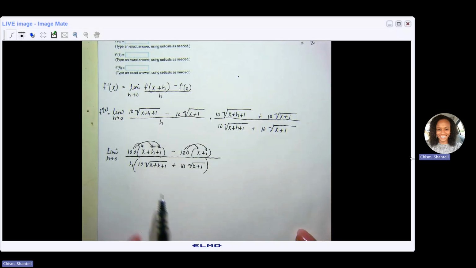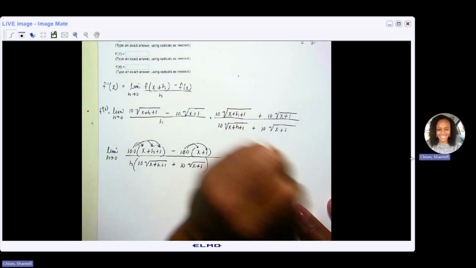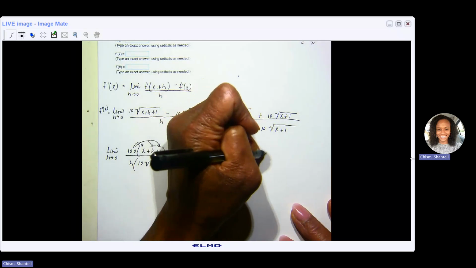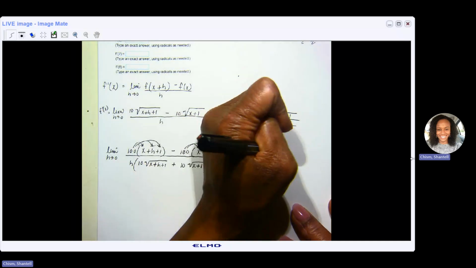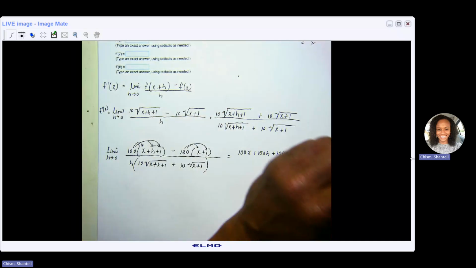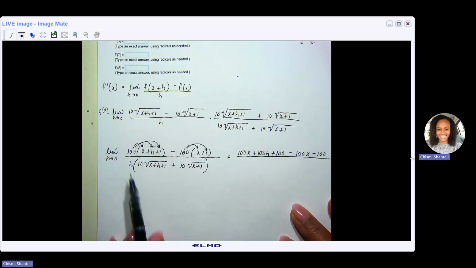Let the bottom hang out for a minute. What I would do, though, is pull out that 10. So on top, I have 100x plus 100h plus 100. And then I've got minus 100x minus 100. And then on the bottom, I have 10h.